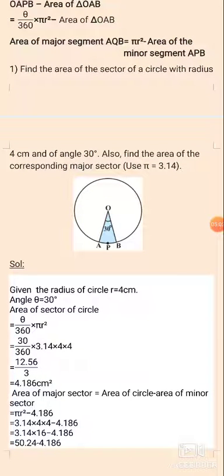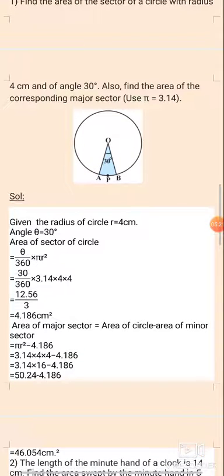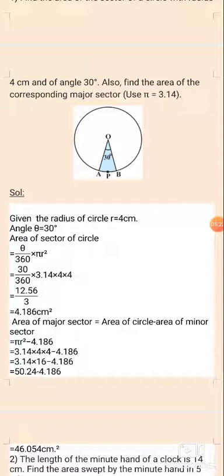That is equal to 3.14 into 4 into 4 minus 4.186, which is equal to 3.14 into 16 minus 4.186, which is equal to 50.24 minus 4.186. At last what we get? 46.054 centimeter square is the area of the major sector.